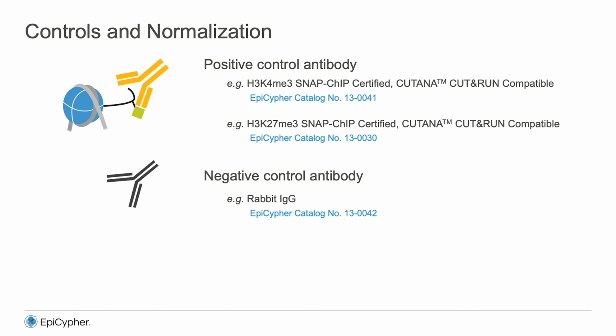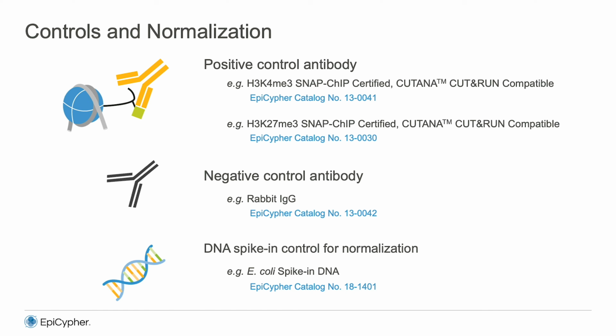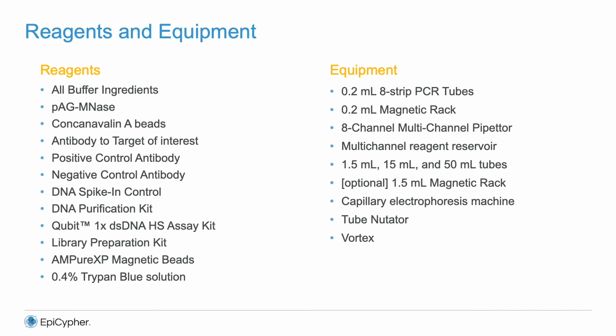Rabbit IgG antibody can be used as a negative control, which will reveal the level of background signal. We also suggest using spike-in controls, such as E. coli DNA for normalizing sequencing data. These careful considerations in experimental design will allow you to easily evaluate the success of your cut-and-run experiment and perform downstream data analysis.